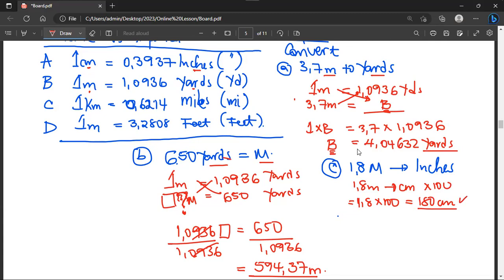I'm good to go. So my equation says if I only have 1 centimeter, it's going to give me 0,3.